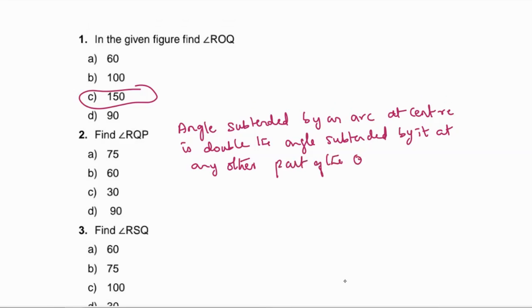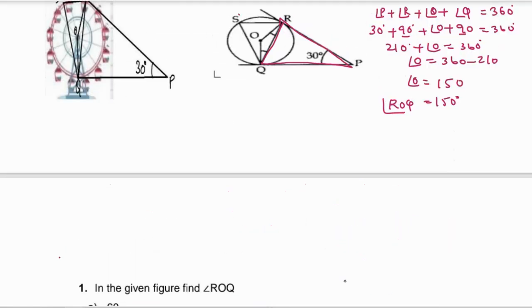So according to this we can write 2 times angle RSQ will be equal to angle ROQ.